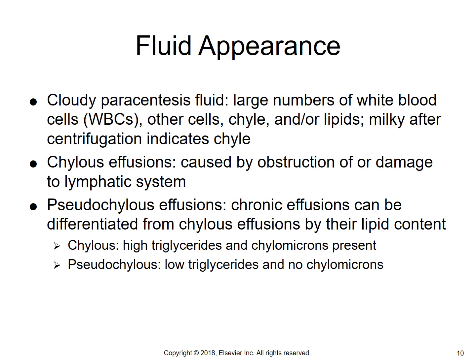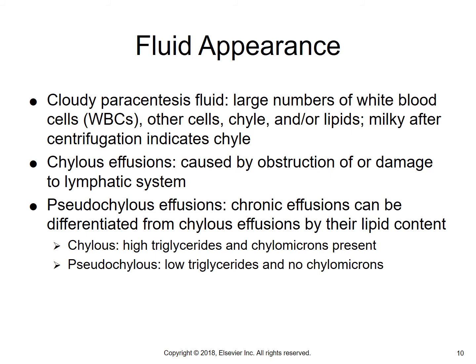Now about the appearance and what that appearance may mean to a physician. So if you're getting a cloudy paracentesis fluid within the lab, it would often indicate that there is a large number of leukocytes, cells, chyle, lipids, or a combination of these substances.